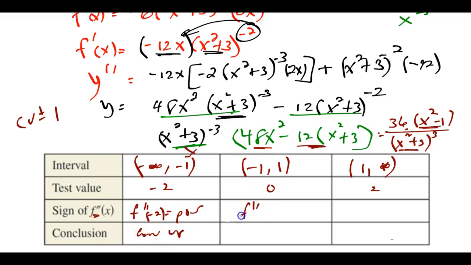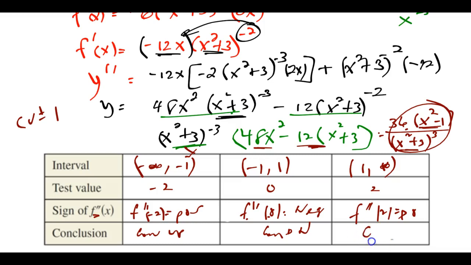And f double prime 0, which means go to the second derivative and plug in a 0. So if I plug a 0 into this guy right here, that's going to be negative, which means it's concave down. And then f double prime 2 is going to be greater than 0. Again, that's positive, and that's going to be back to concave up.